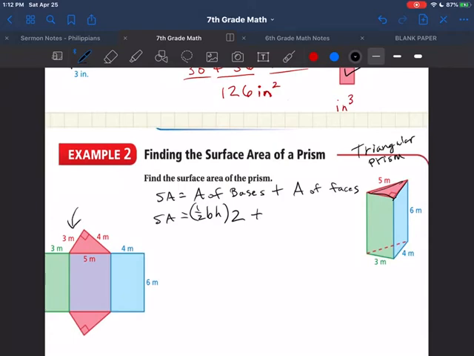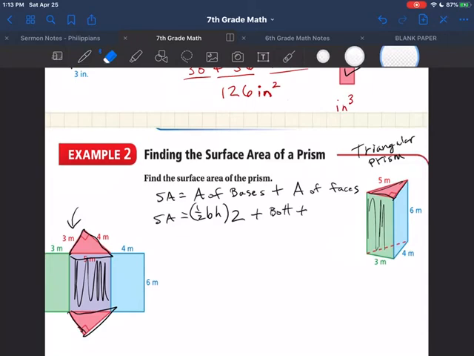But if you look over here at our little net, okay, let's look at our net, you can see that we do have 2 identical triangle bases, but all 3 of our faces are different, okay? So we have a bottom, which is this over here, right? The purple's apparently on the other side where we can't see it.